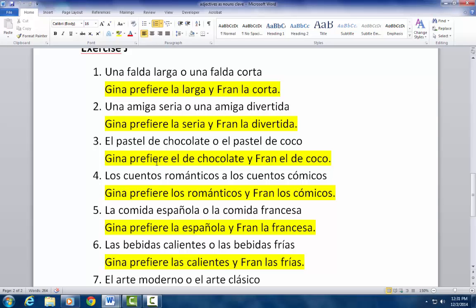Dos. Una amiga seria o una amiga divertida. Gina prefiere la seria y Fran la divertida. El pastel de chocolate o el pastel de coco.